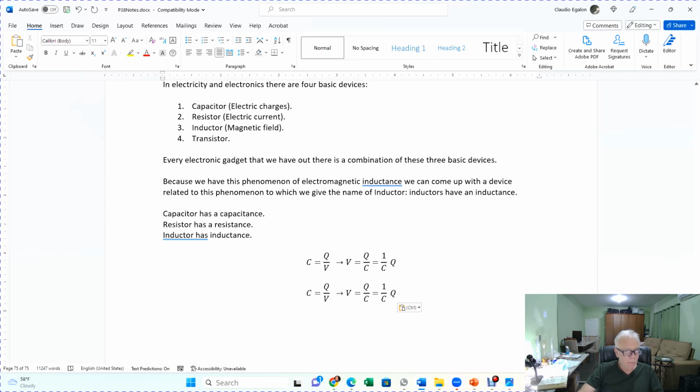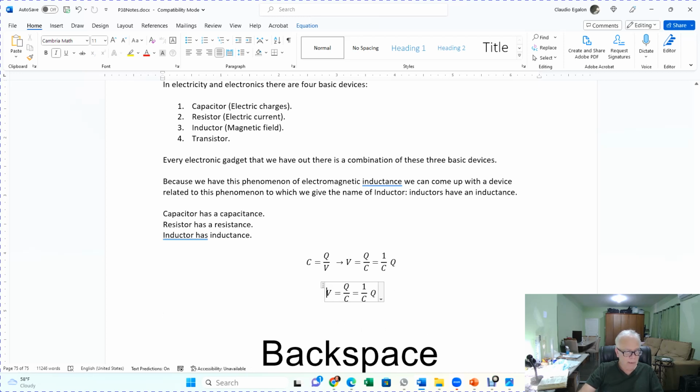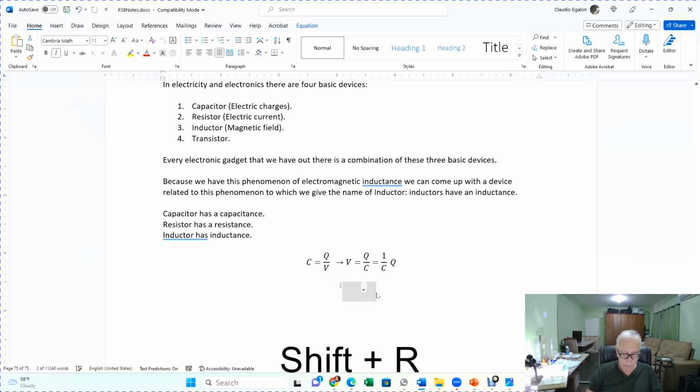And then, for a resistor, what do we have? We have something like that. V equal to Ri. Okay? Notice that here we have the charge, and here we have a current, which is nothing but dq dt.